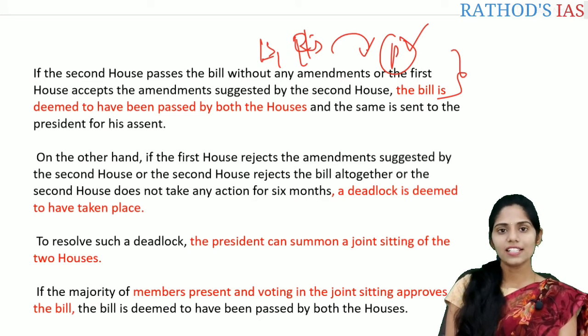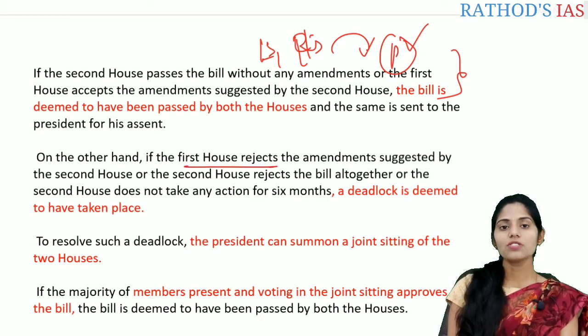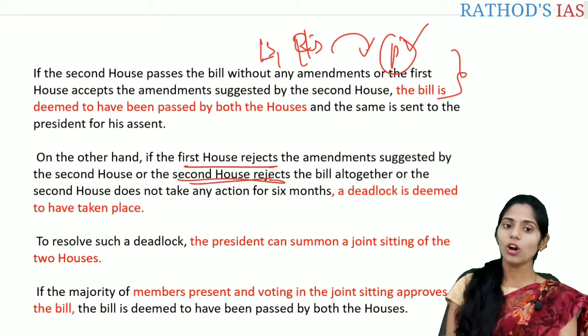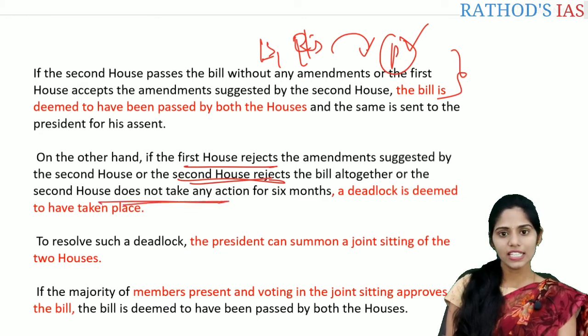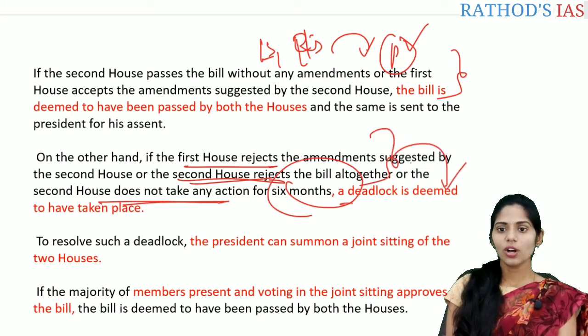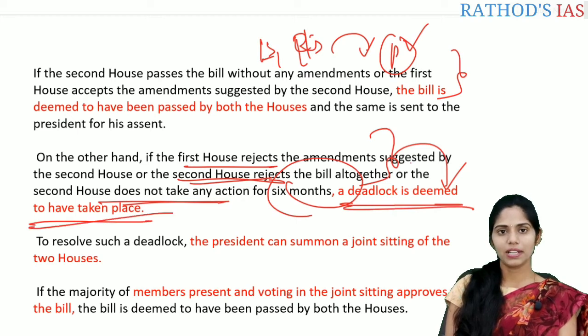If the first House rejects the amendments suggested by the second House, or the second House rejects the bill altogether, or the second House does not take any action for 6 months, then in these 3 conditions a deadlock is deemed to have taken place.